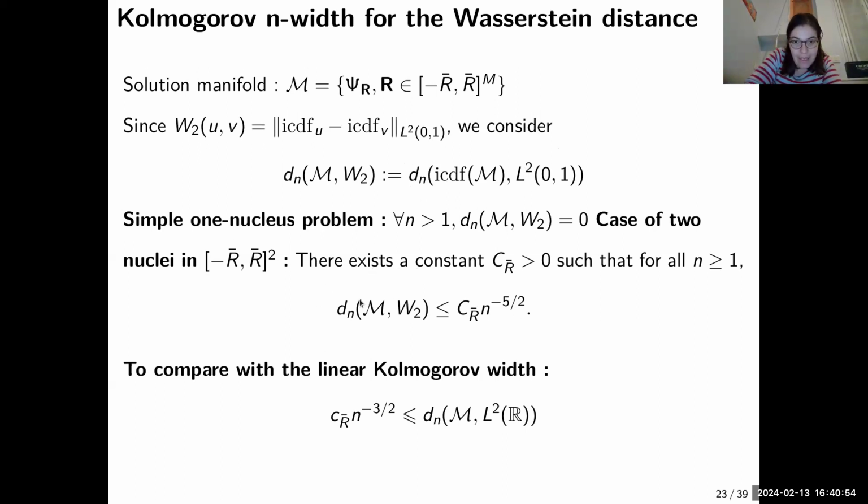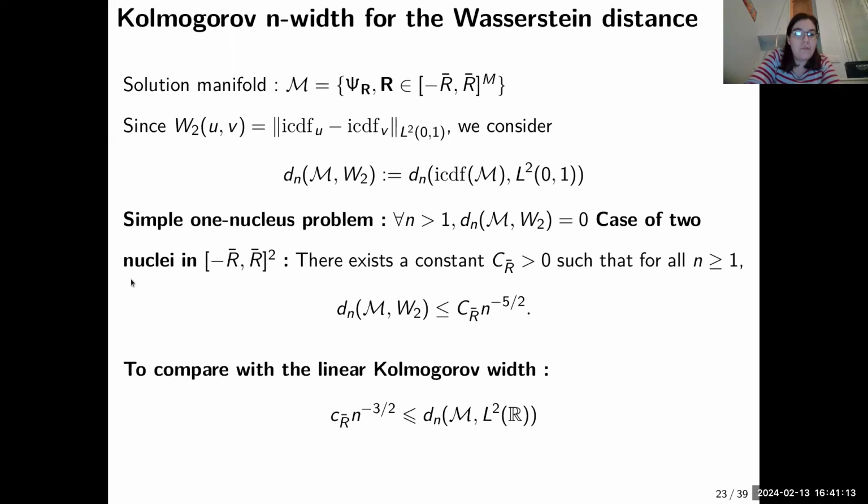And the answer is yes, in the following sense. In the case where there is only one nucleus, it's easy to show that indeed this Wasserstein Kolmogorov n width will be equal to 0 as soon as n is greater than 2.